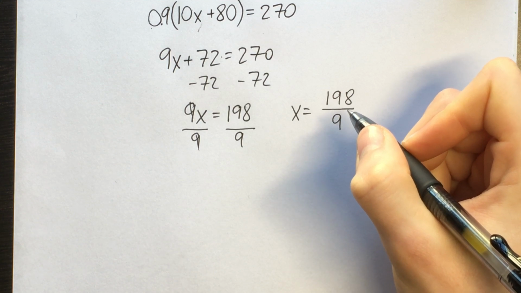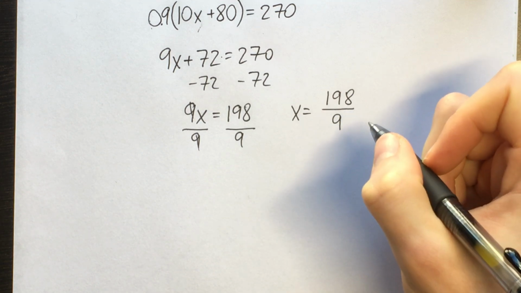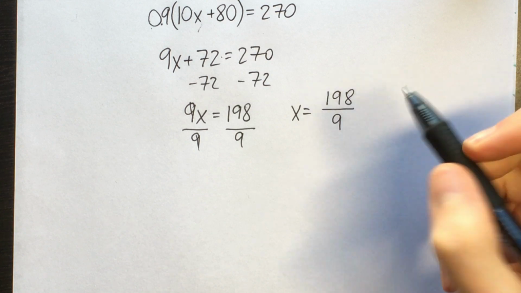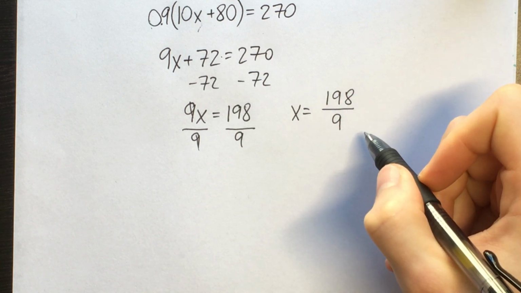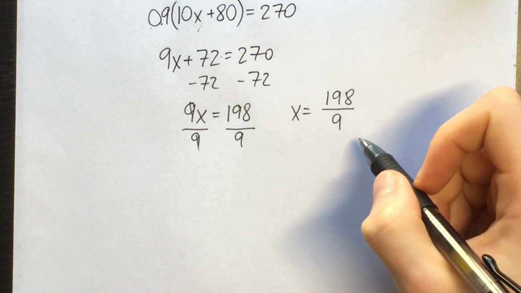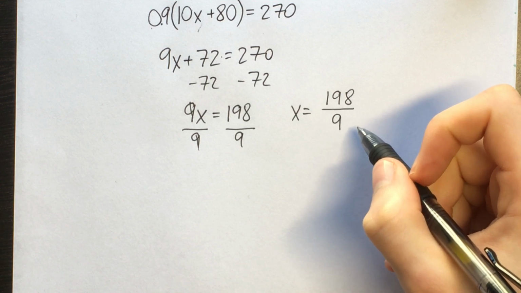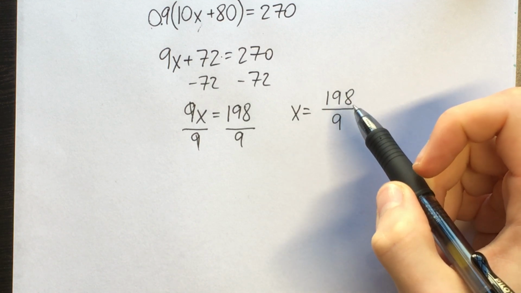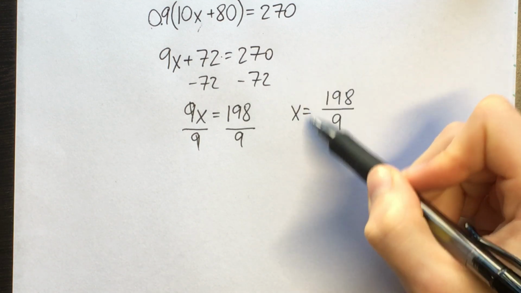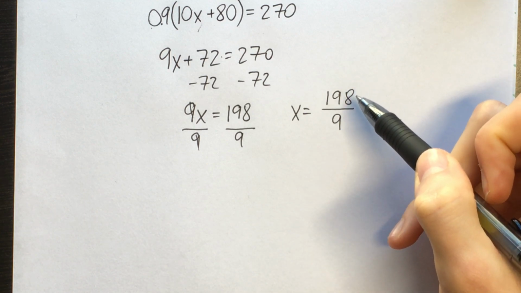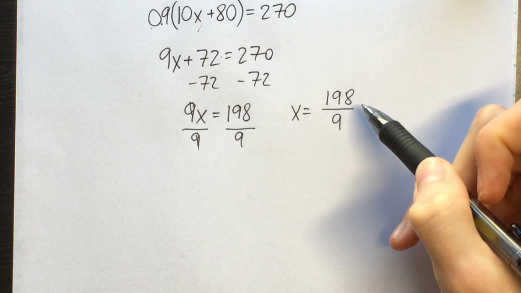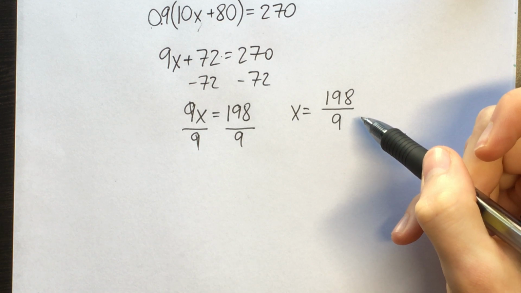So where do we go from here? Well, you just gotta simplify it at this point. Again, like with one of the previous problems, I'm a little bit surprised that the result is something this nasty, but it's what it comes out to, right?